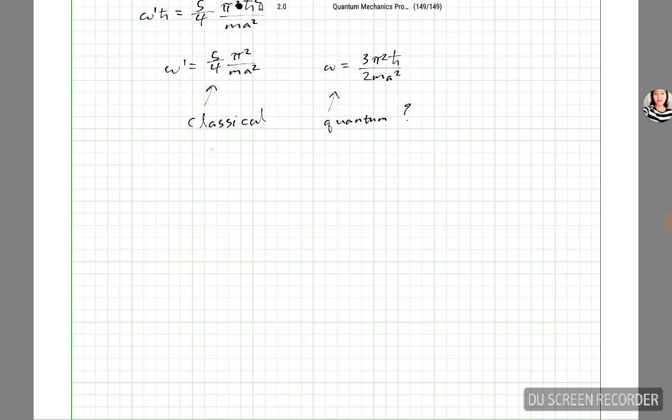So we could call that, we could say this one we have 5/4 pi squared m over a, and then our quantum one would be 6 over 4.